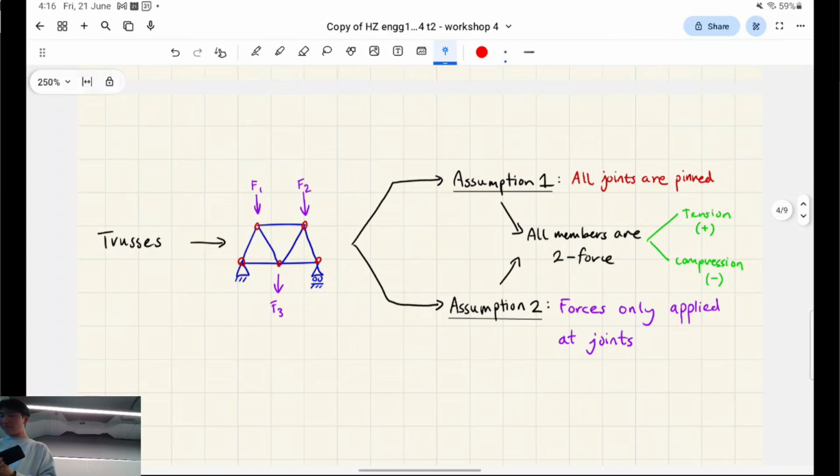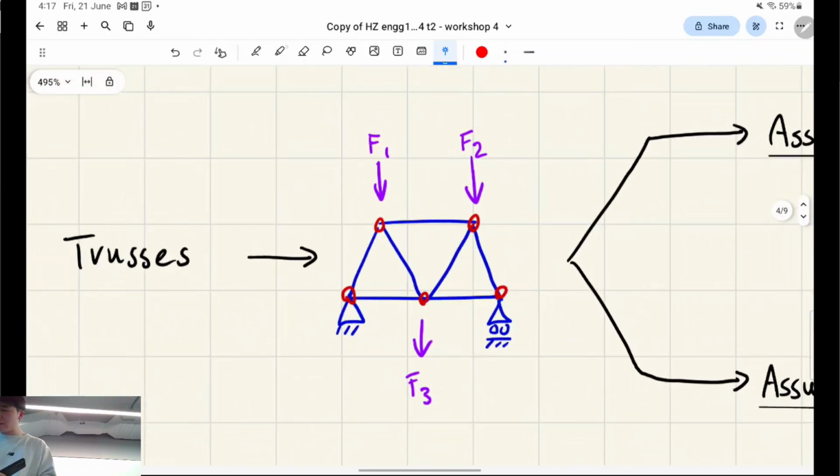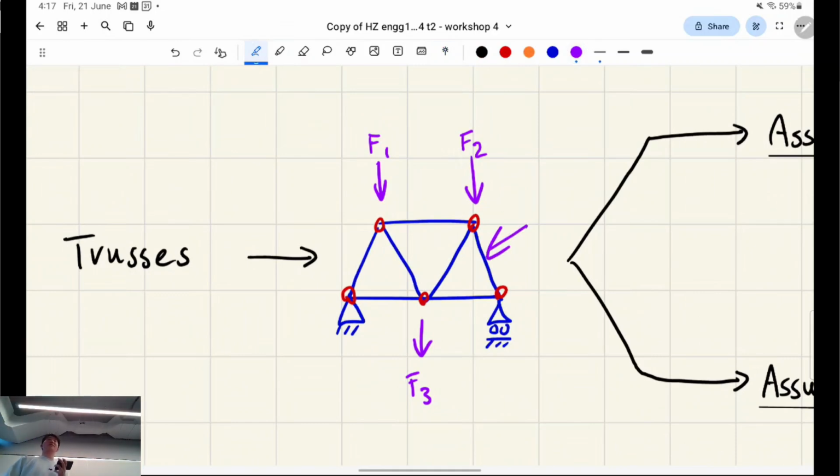Another thing about trusses, aside from the fact that the joints are all pinned, is that forces, specifically point forces, are only applied at the joints, right? So you're never going to see any shear forces, which are the perpendicular loads acting along the member, and you're never going to see distributed loads acting on the truss, because then it's not a truss anymore.